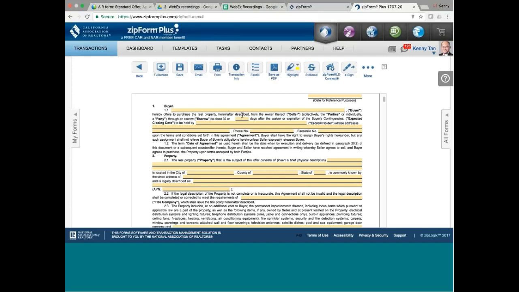And then I have a 17-day loan contingency. I have 0 inspection and 0 appraisal contingency. What does 0 mean? It means I do not have any appraisal or inspection contingency. All I have is a 17-day loan contingency, right?